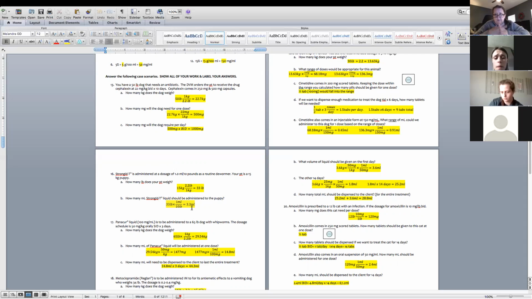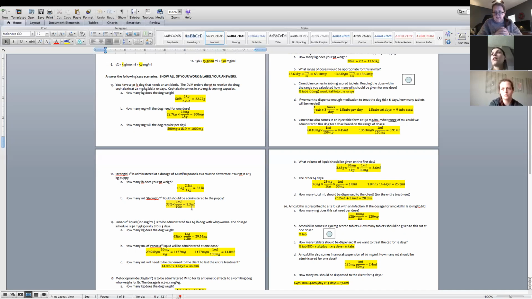Okay, if I have a dose that says 1 mil per 10 pounds, and then I have my weight in pounds, I have to figure out how many 10 pounds, because we're giving a dose per 10 pounds. So how many 10 pounds are in 33 pounds? That would be 3.3. Oh, which is how many milliliters? Okay, that makes sense.